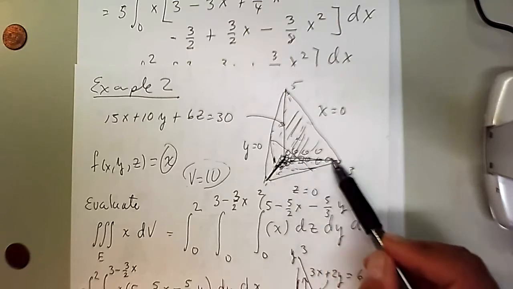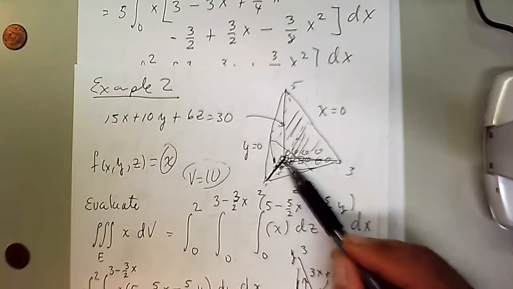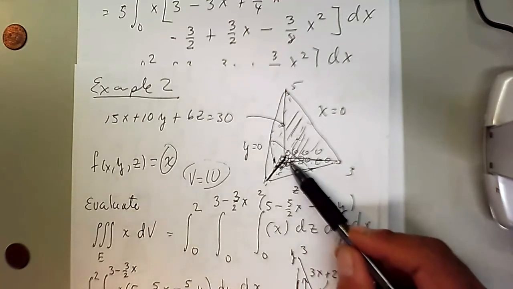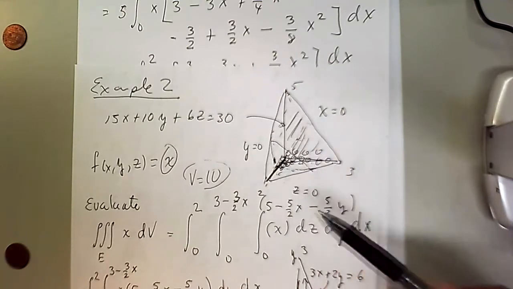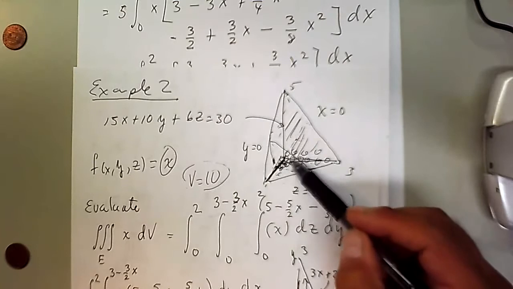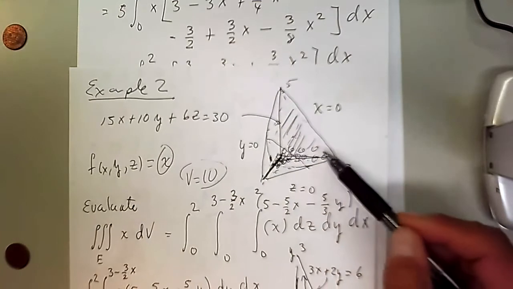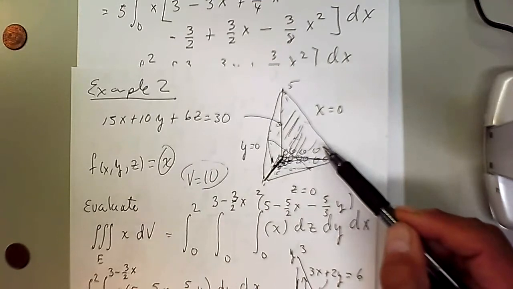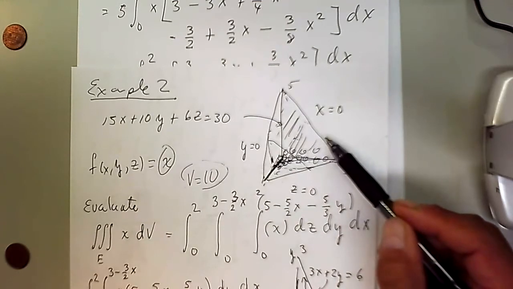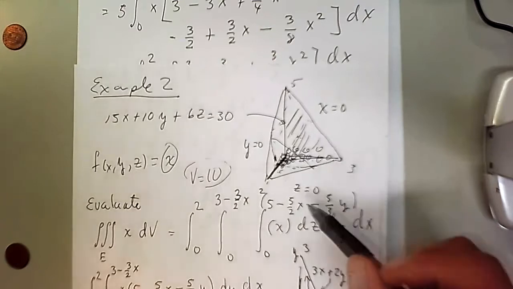And so that's 3 multiplied by 5. Whoa, I lied. 3 multiplied by 5 is going to give us 15. Whoa, so I was wrong here.